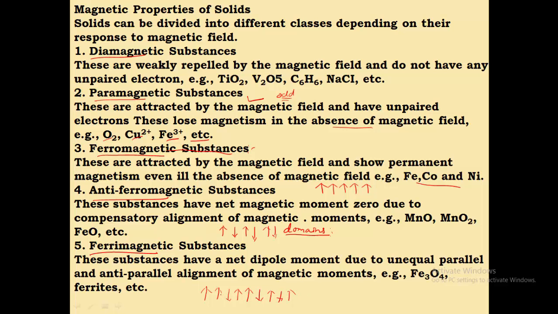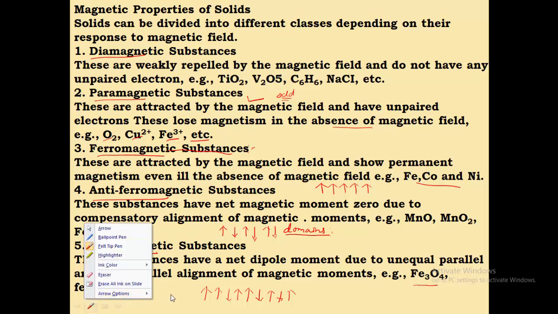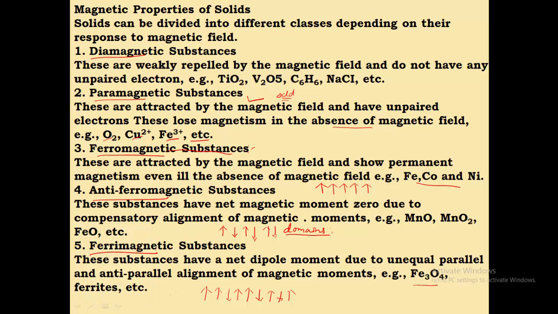In an alternate manner, unequal parallel and anti-parallel alignment is observed. An example is Fe3O4 and ferrites, etc. So these are certain types of solid substances which are classified on the basis of the magnetic properties of solids. Okay, in the next video we will solve problems based on the solid state.